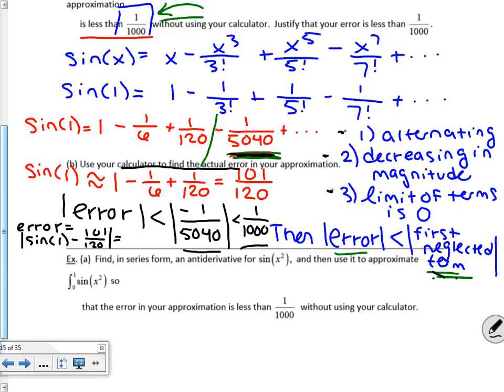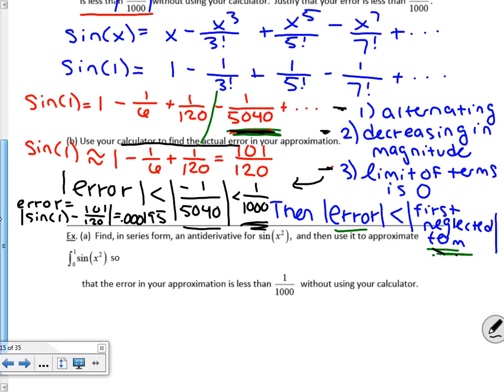If we put this in our calculator, we get that our error is equal to 0.000195, which definitely is less than 1 over 1,000. So it's important that we establish these three conditions to be able to justify that our error is less than 1 over 1,000.